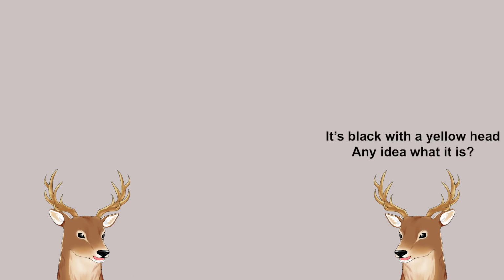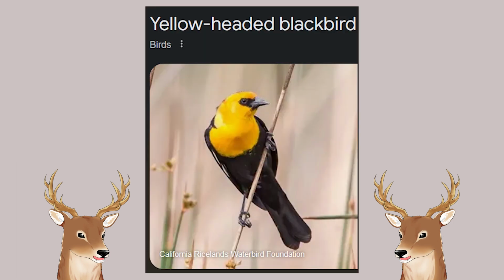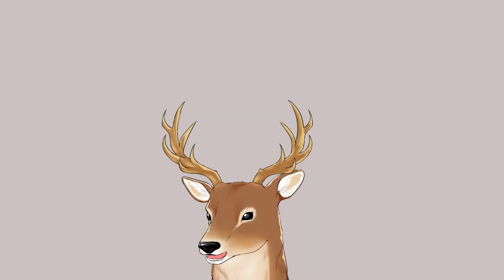"It's a blackbird with a yellow head." "Do you have any idea what it is?" "Oh, have you tried googling yellow-headed blackbird? That might be it." "Oh, it actually is." And yeah, this funny naming sense could also apply to scientific names.